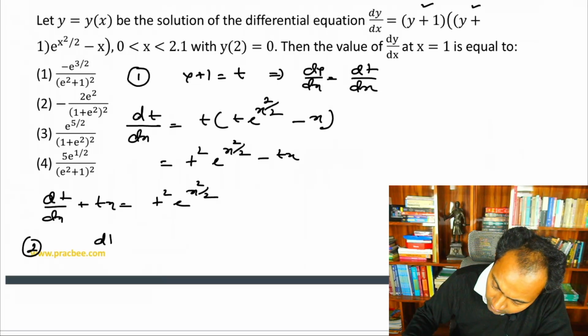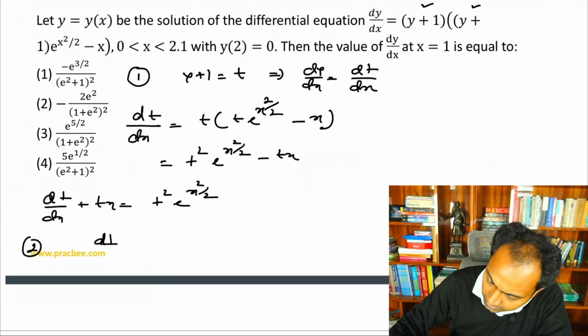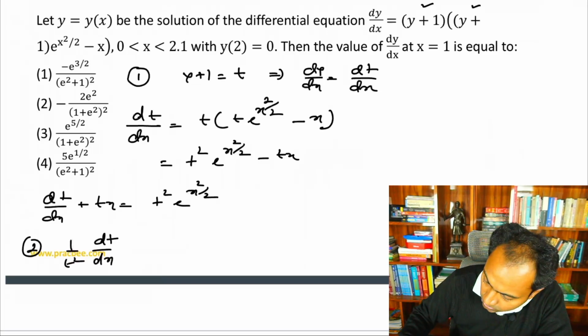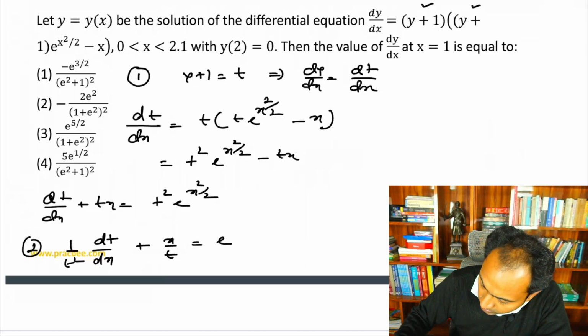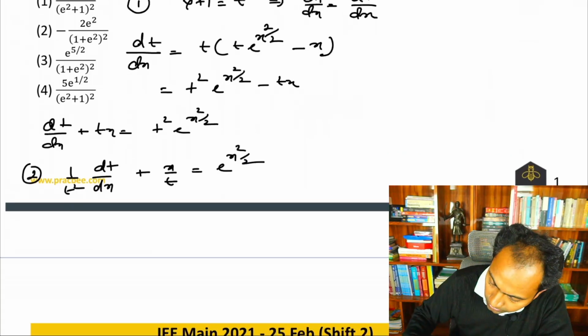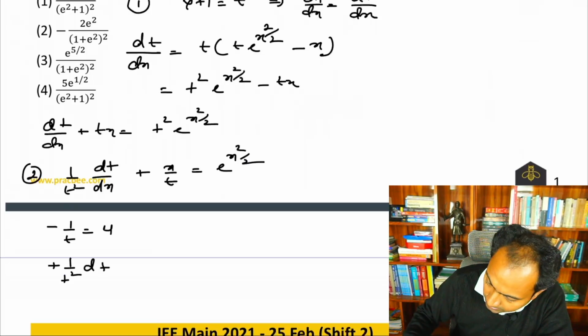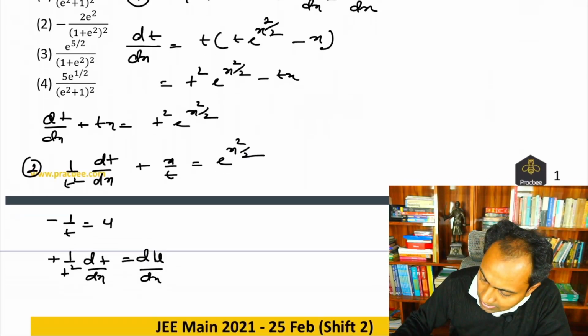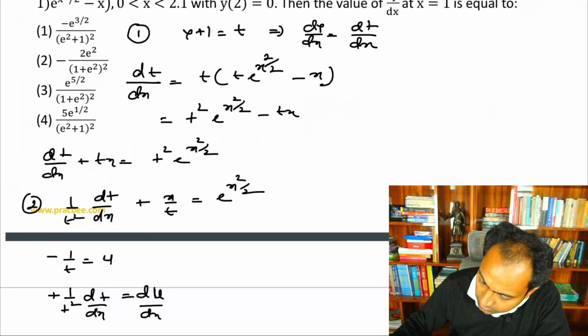So this will become 1 by t square dt by dx plus x by t is equal to e raised to the power x square by 2, and it would be better if I put minus 1 by t as nothing but u. So plus 1 by t square dt will be equal to du, and do not forget to write dx. So this equation starts now looking something like this.